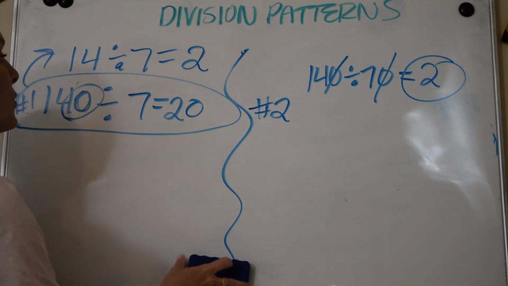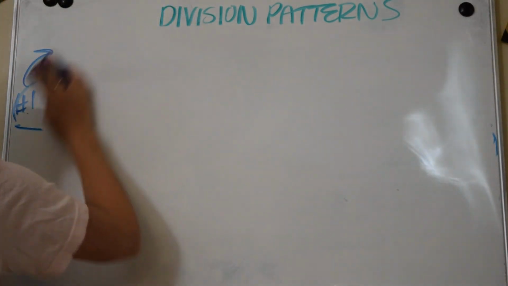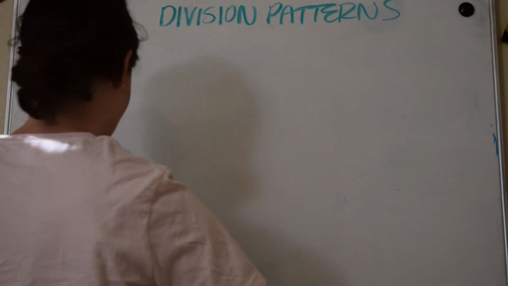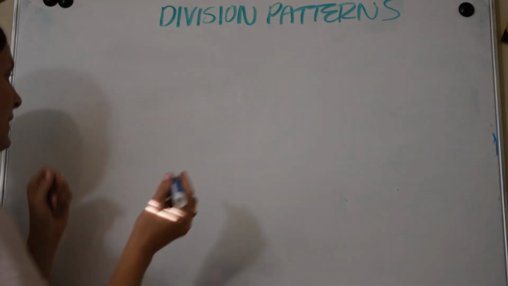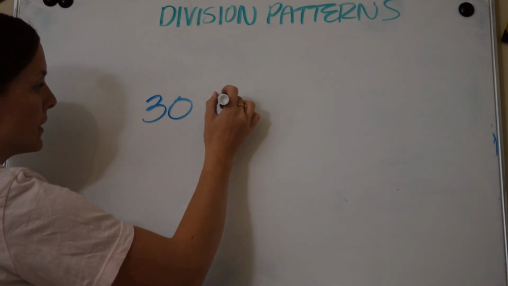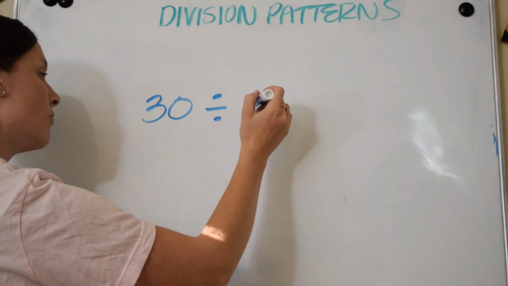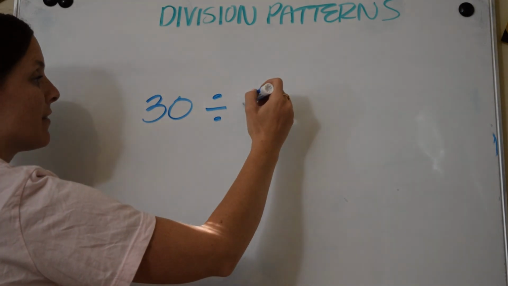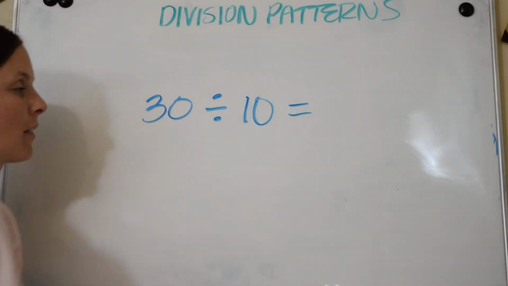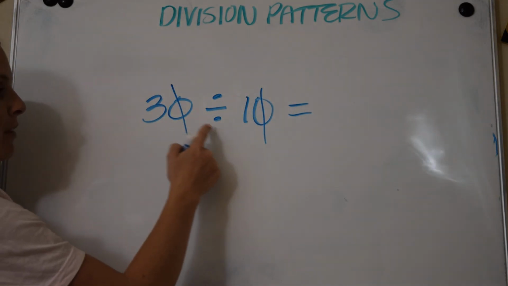Okay, let's do some more. What if I had 30 divided by 10? Okay, cross out the zeros because they cancel each other out, and 3 divided by 1 is 3.